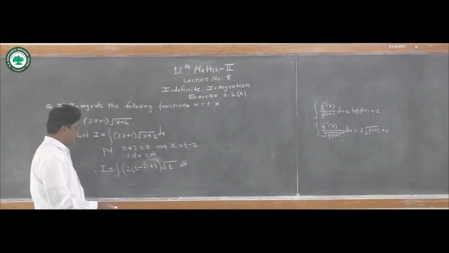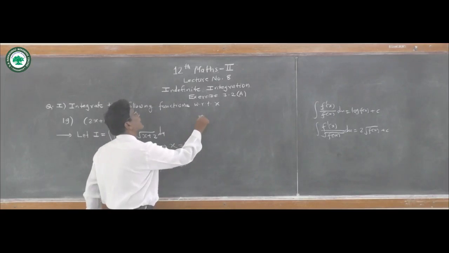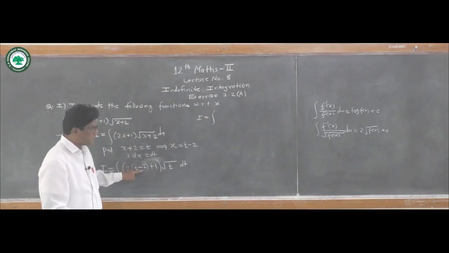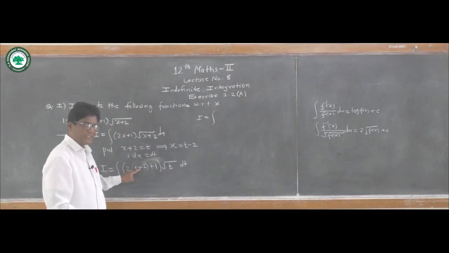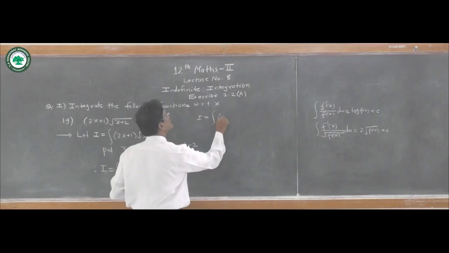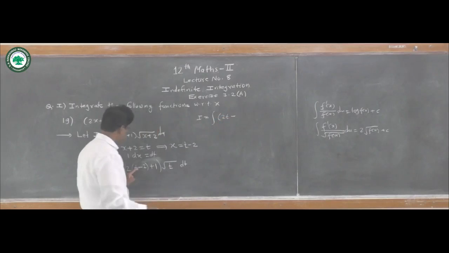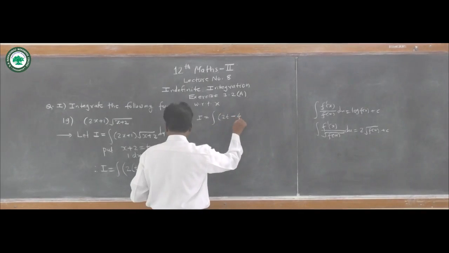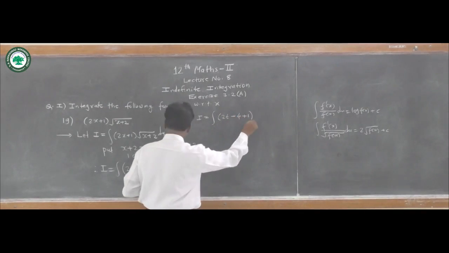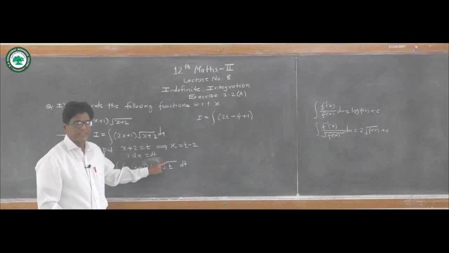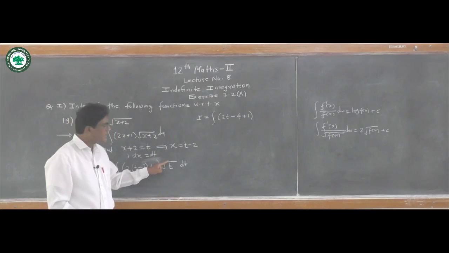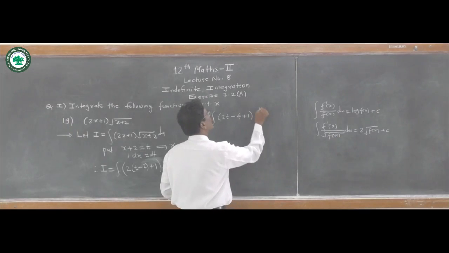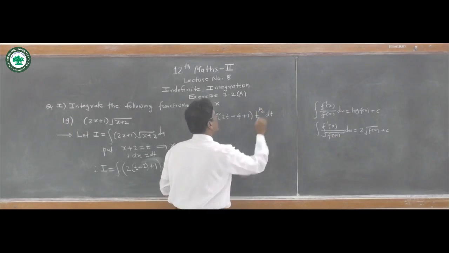Now we get I equal to the integration of, multiplying by 2 inside the bracket, 2t minus 4 plus 1, and root of t, which we write as t to the power half, and dt as it is.